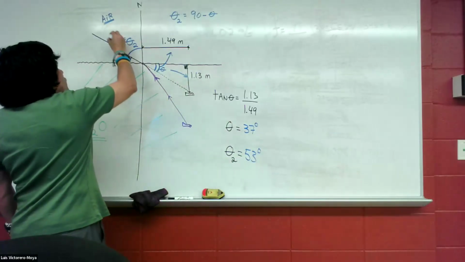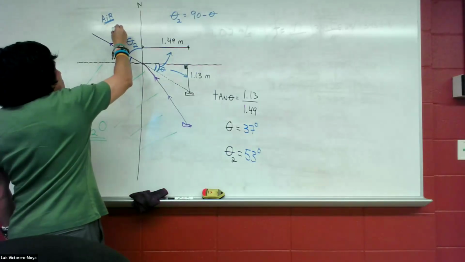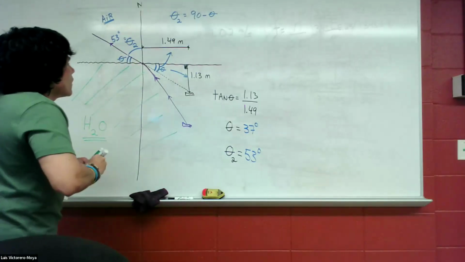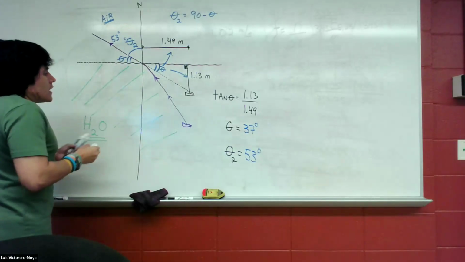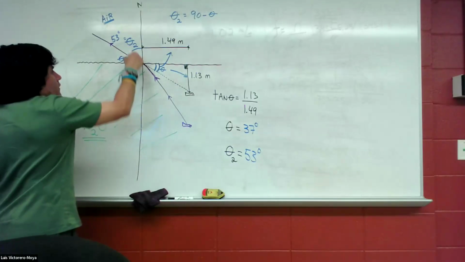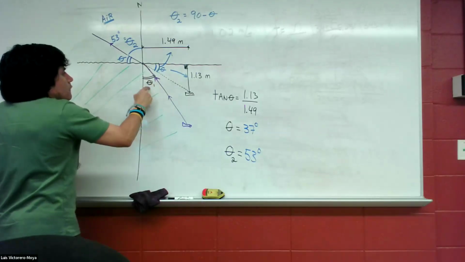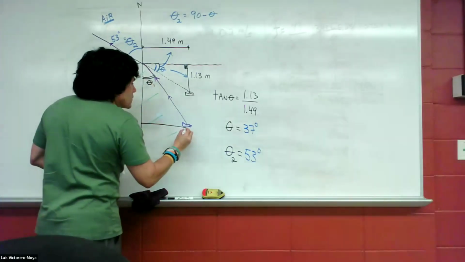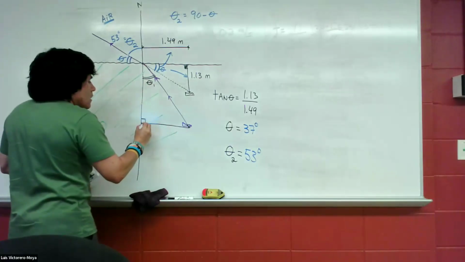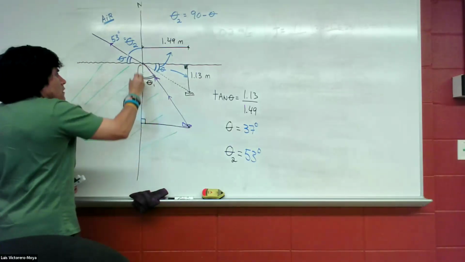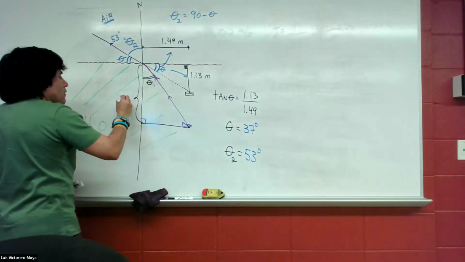I found this to be 53 degrees. And that's basically it, because now with refraction, I can find theta 1. If I find theta 1, well, guess what? I can find the real depth.